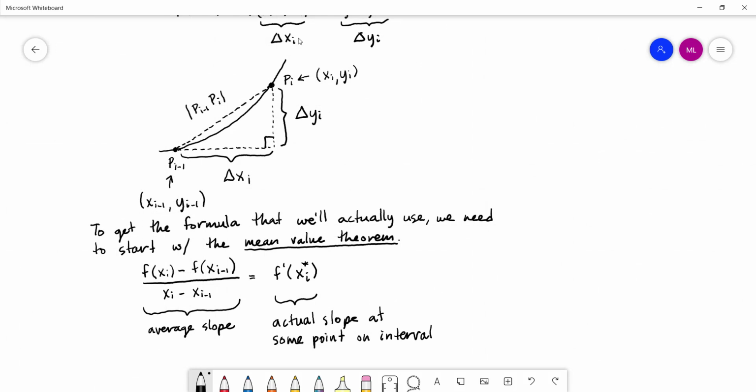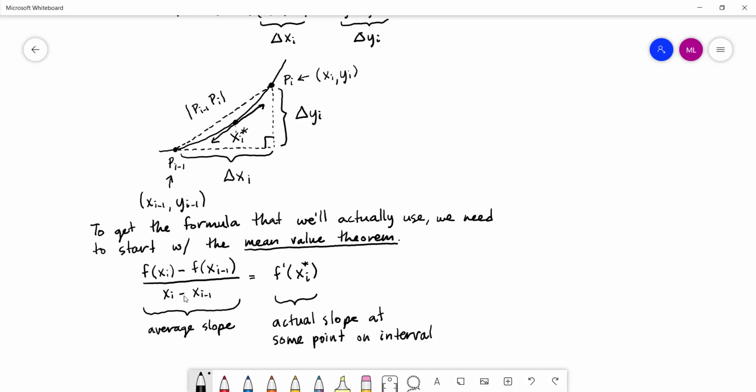So basically we're saying there is a point somewhere on here, maybe this is the x sub i star value, so that with the star, there's the x value where the slope at that point matches the average slope, which is basically the slope of the hypotenuse of the right triangle. That is sort of our average slope, right? These are just our delta y's, right? It's this.